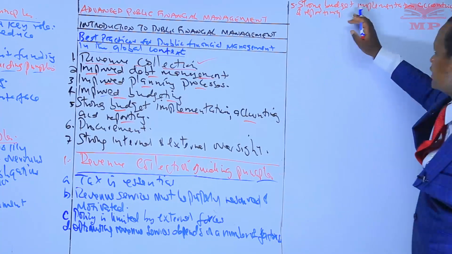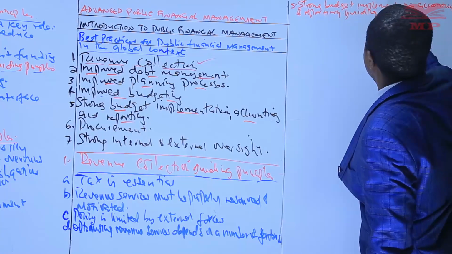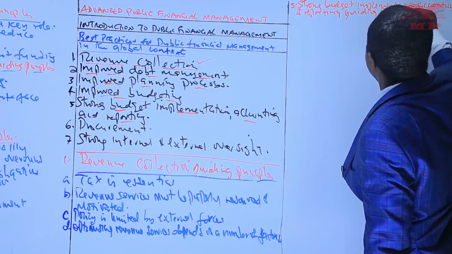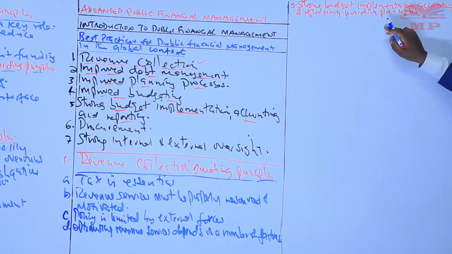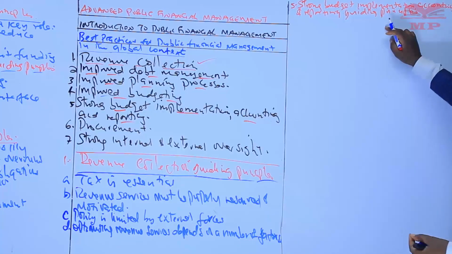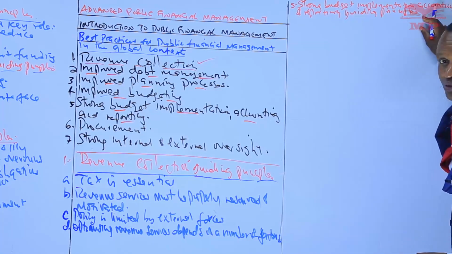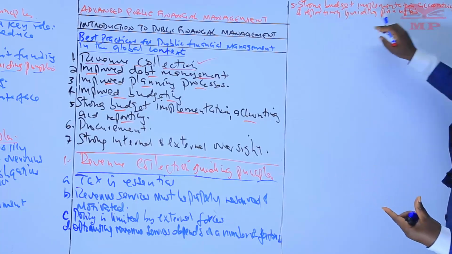These are guiding principles. What are the guiding principles? What are the best practices when it comes to budget implementation, budget accounting and reporting?